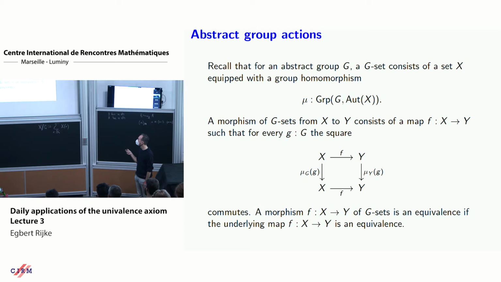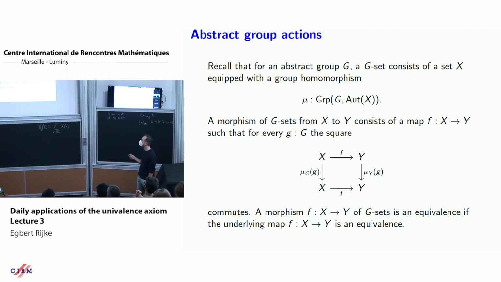So we restrict to sets here, and a G-set consists of a set X and a group homomorphism from G into the automorphisms on that set X. We write it with mu or with a dot or anything. And we're gonna need this definition in a moment.